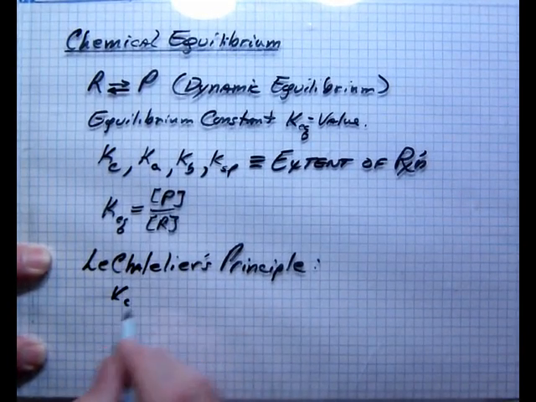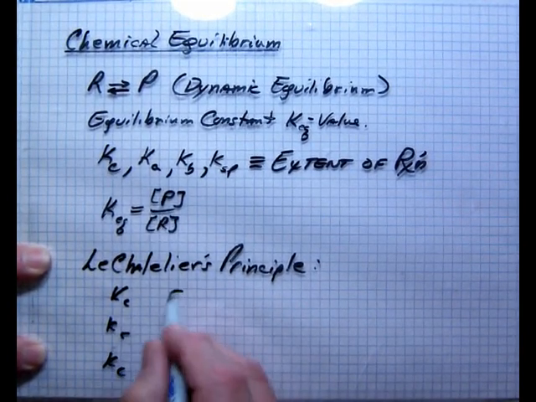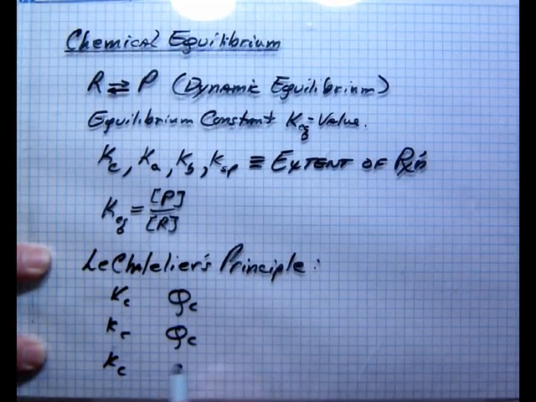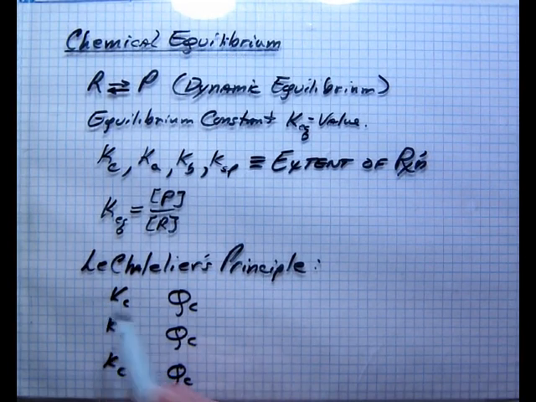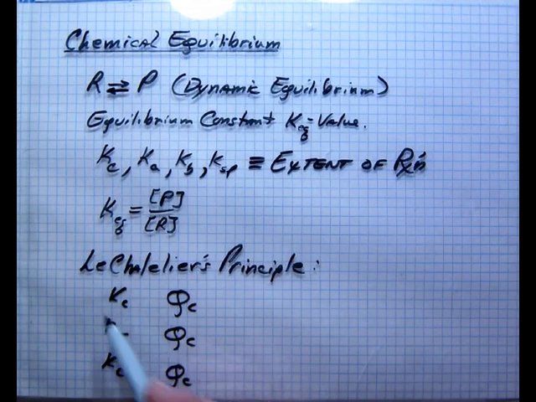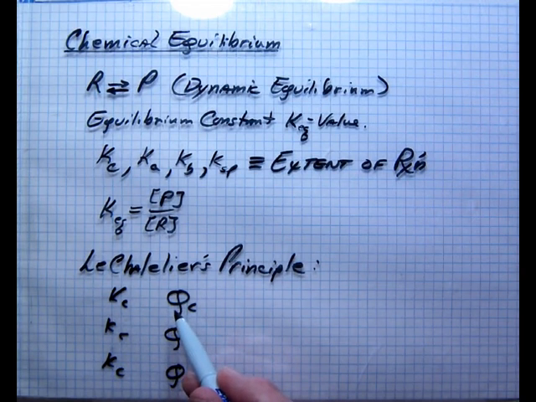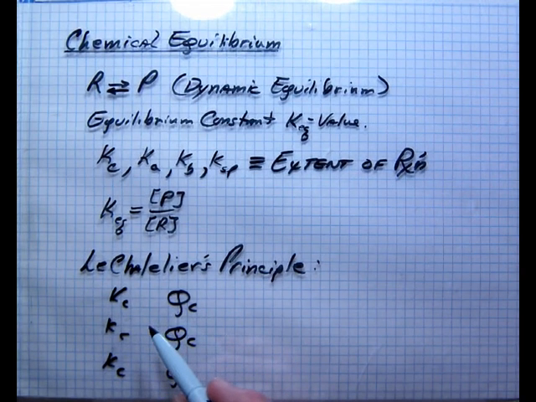I want to do KC, QC. Now, this KC value is calculated products over reactants, and so is the QC value, calculated products over reactants, just like I've been explaining to you.